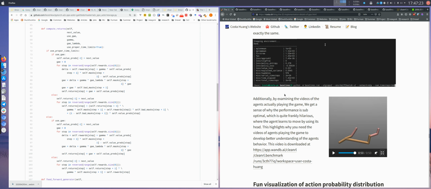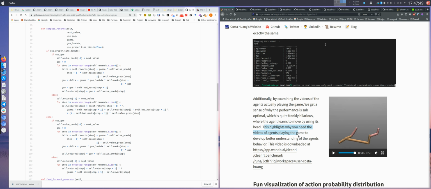It wouldn't be too much more complicated. But it just highlights how easy it would be to do something like that if you use a single file based implementation. Because using OpenAI Baselines, you have to know exactly where to modify, and debugging is very difficult. But anyway, this is very interesting, right?